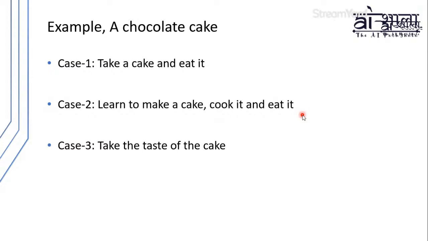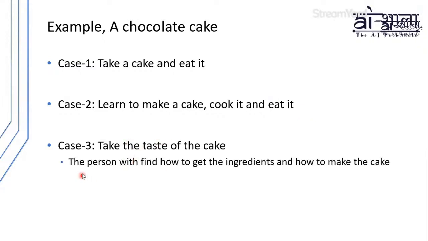Third thing is, I will just give you the taste of the cake. I will give you a small bite, taste it, and I won't tell you what it is. So you will figure out all the things. What will happen in the third case is, the person will find out how to get the ingredients and how to make the cake. He will get the ingredients, he will learn how to make it, he will learn how to cook it, and then finally he will eat it.